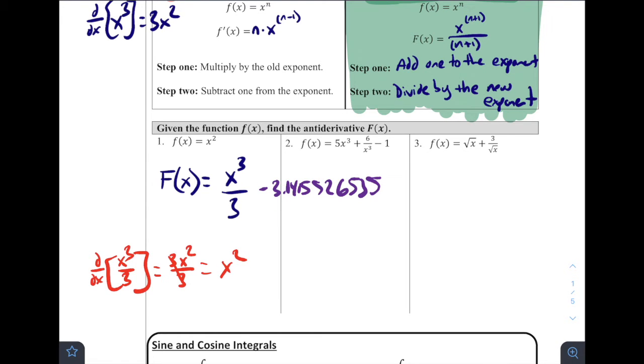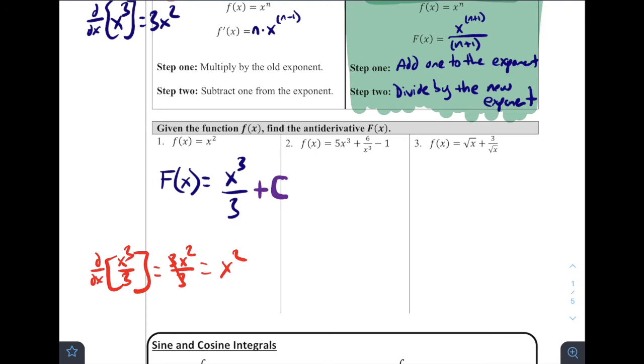So what we notice here, interestingly enough, is that when we take the antiderivative, if we have a constant on it, we're going to still end up with the same derivative in the end. And so because of that, the constant doesn't matter whether it's positive or negative, big or small. To represent that it could be really any constant, when we take an antiderivative, we add a plus c to our equation.